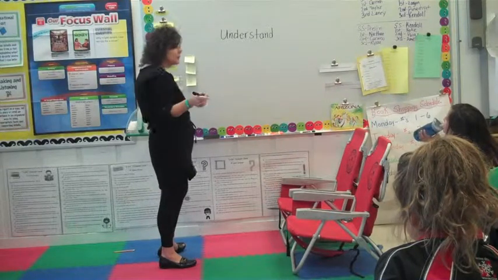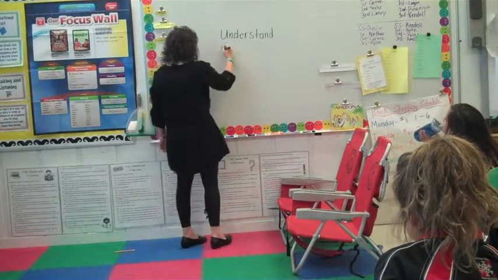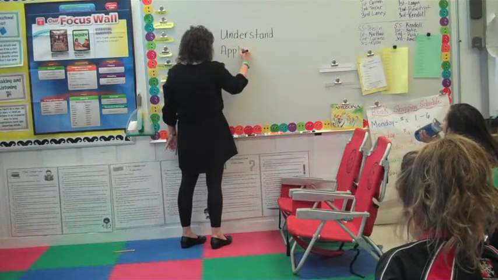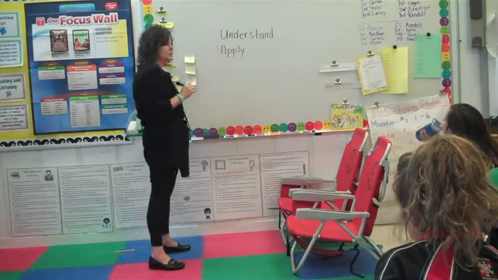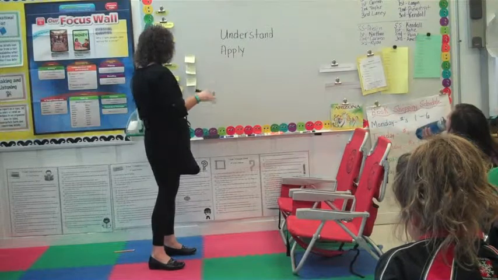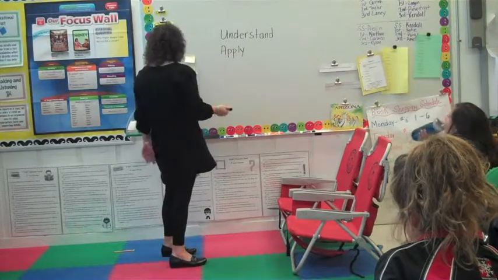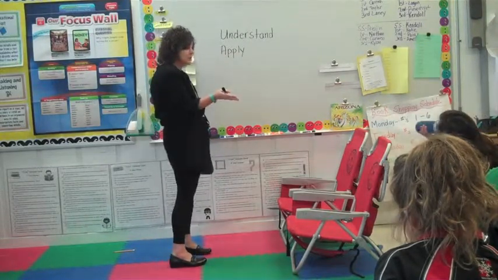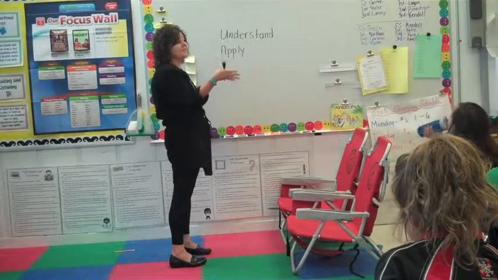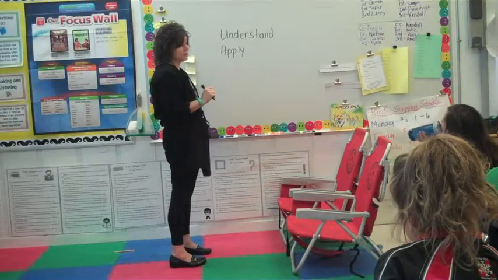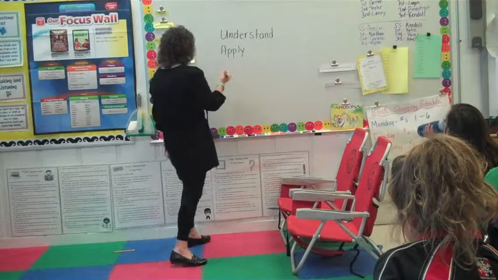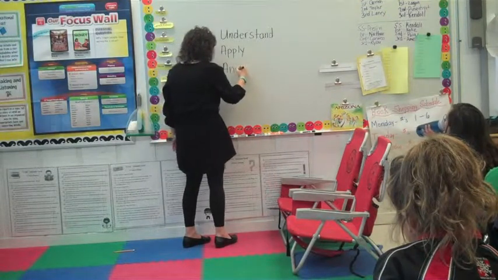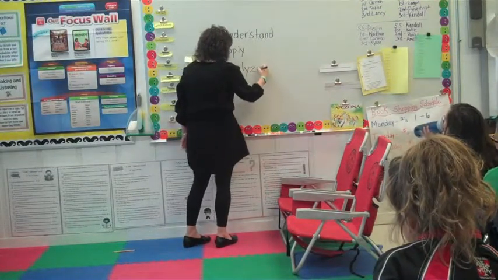What you're doing on your task cards, you are applying what I've taught you. You're going to examine the 3 types of questions, you're going to produce those 3 types of questions, and some of you even have to answer those 3 types of questions, okay? So you're analyzing the text. That's a higher level thinking skill.